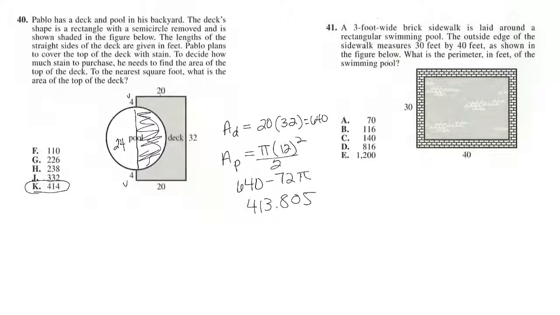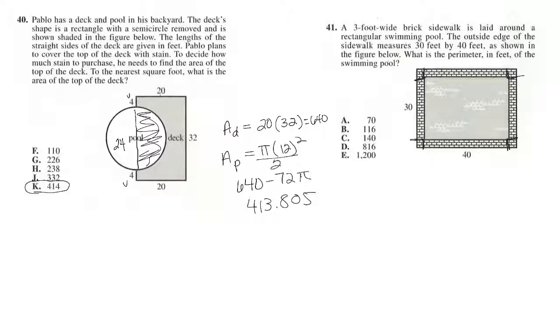Okay, our next problem, another pool, and we want to know what is the perimeter of the swimming pool. Now notice we've got some extra on each side. We have a 3-foot space, so notice here and here that's going to be cut off. Same is true here and here, so we can very quickly find the perimeter.